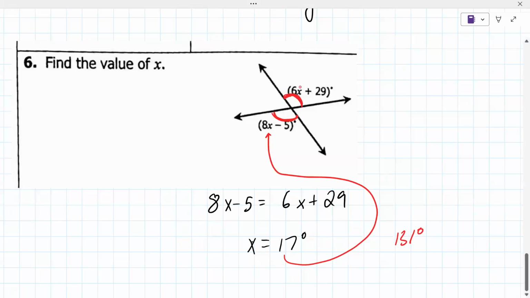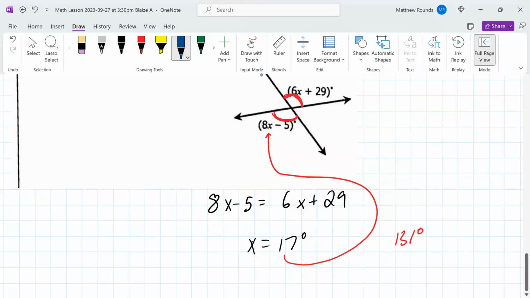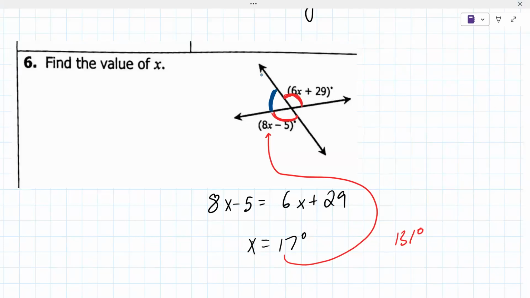What is that going to be? Without calculating it, what do you know about it? Because you already said it. Oh, it's vertical. It's congruent. So it's also 131 degrees. Now, what about the blue angle here? Blue plus 131, what does it equal? 180. Good. So y would equal 49 degrees.